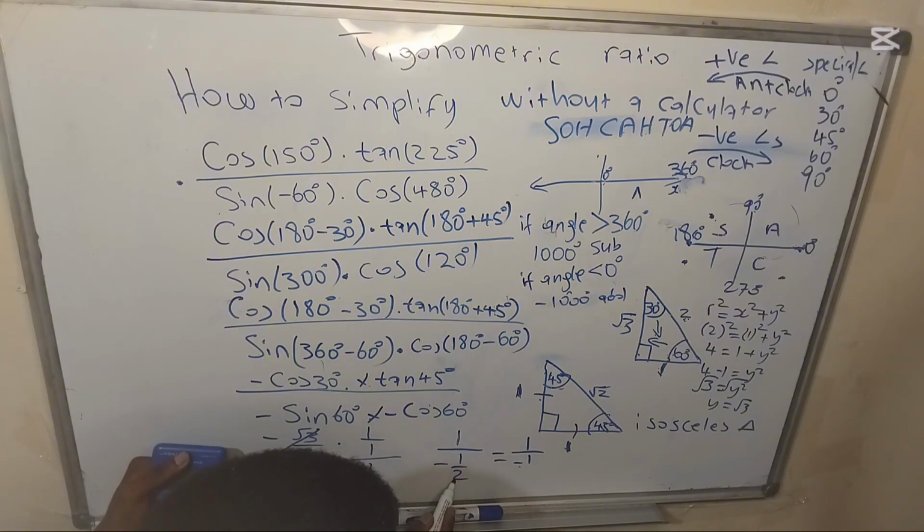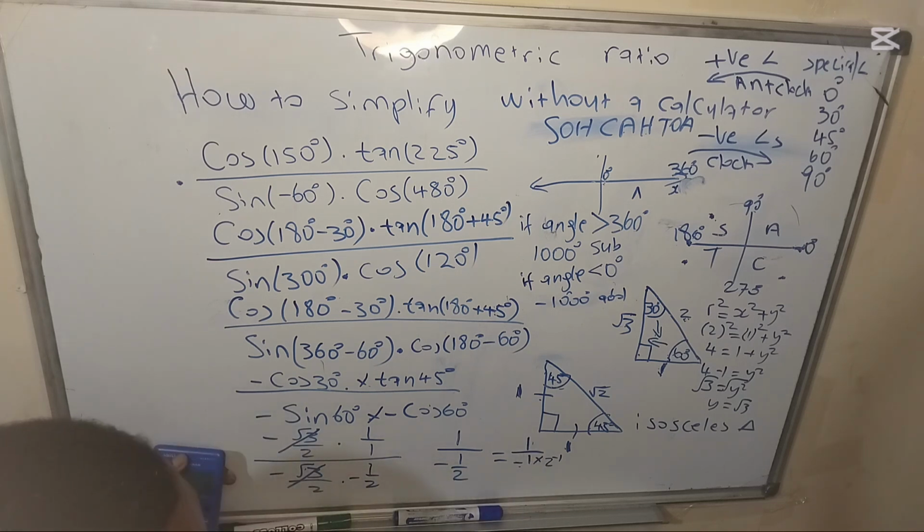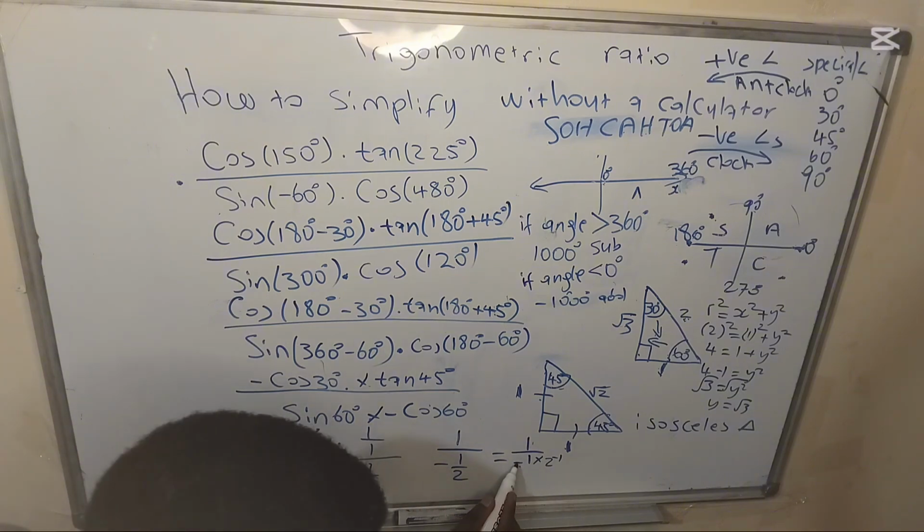So you can just take this 2 and multiply it by this negative 1. But an exponent is going to change to become 2 to the power negative 1. Then again, take this 2 and multiply it by this positive 1, meaning that, don't forget this negative.